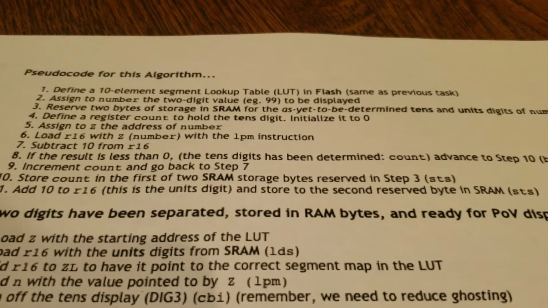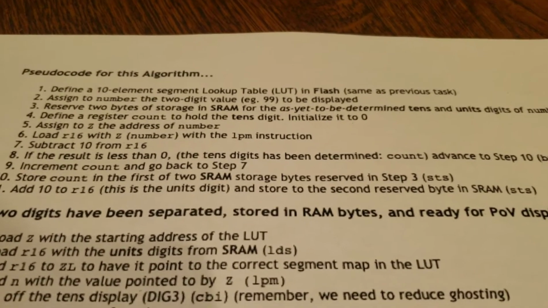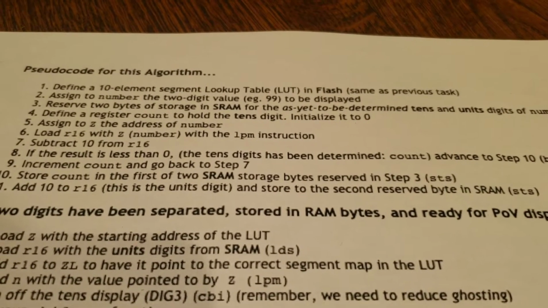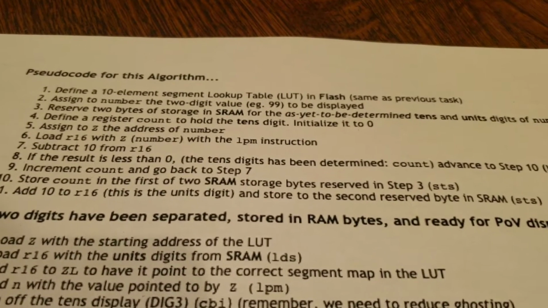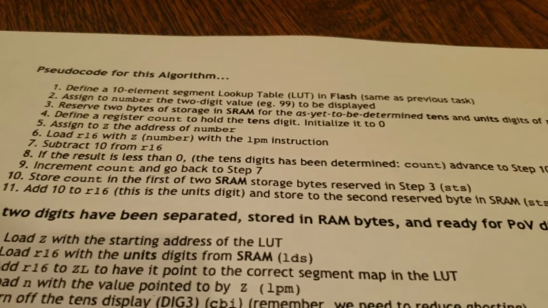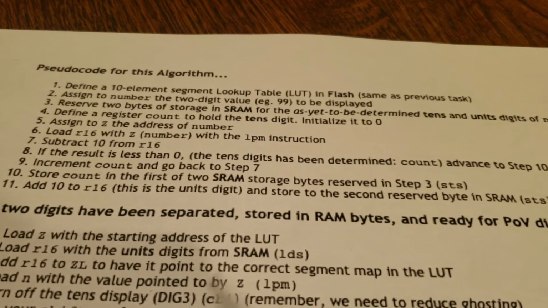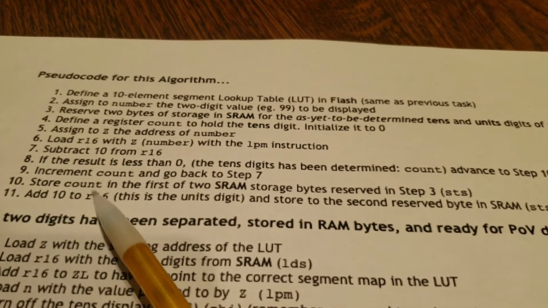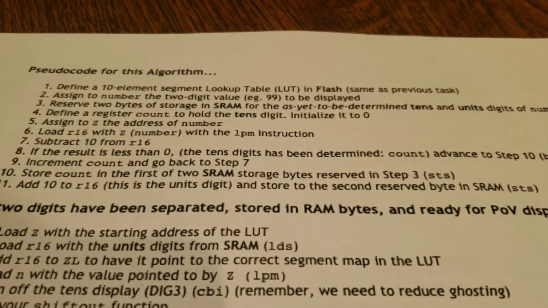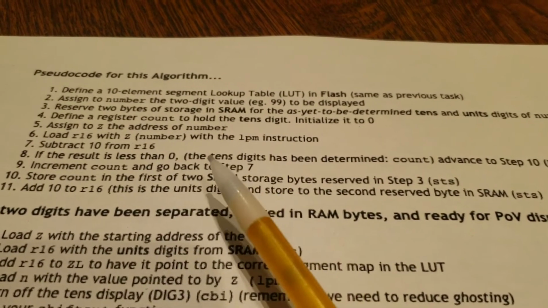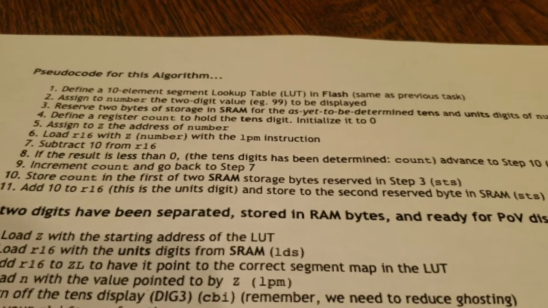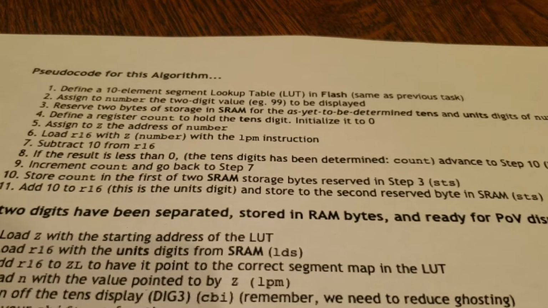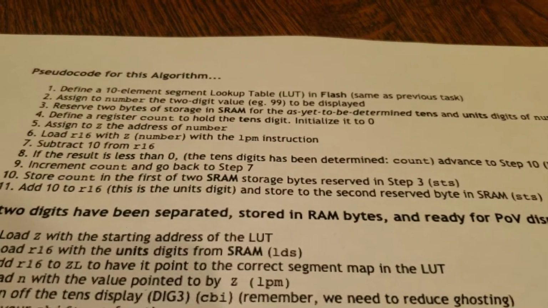Subtracting by 10 and checking to see if it's 0 gives you the amount of times it had to be subtracted by 10, which is essentially division. That gives you the tens digit, and to get the ones digit, you have to add 10 to R16, because theoretically it should be negative after you've done all your 10 subtractions, and by adding 10, it'll become positive again and give you your ones digit.